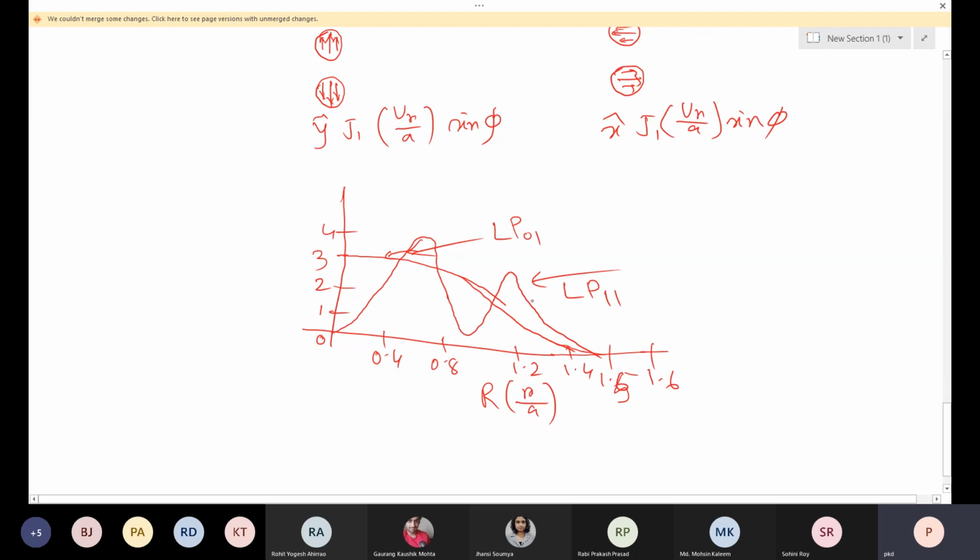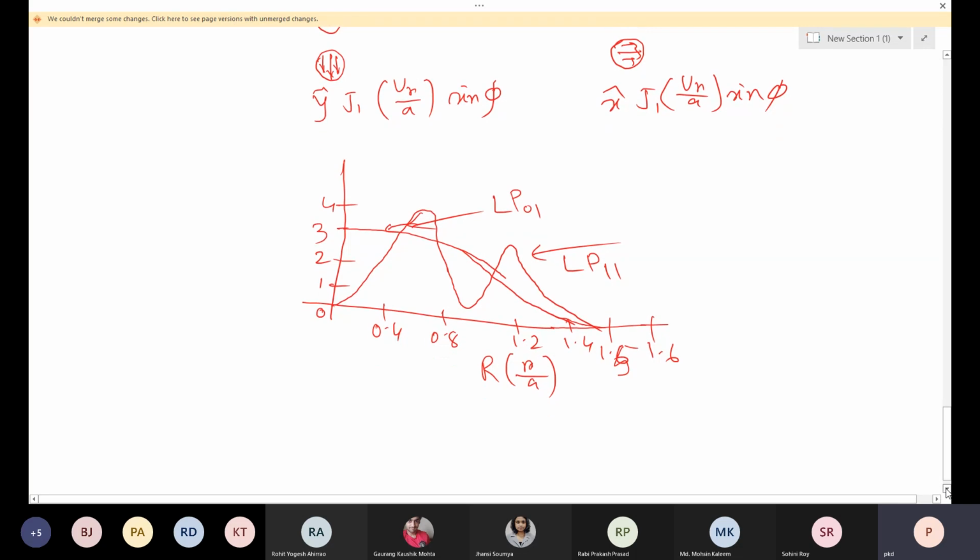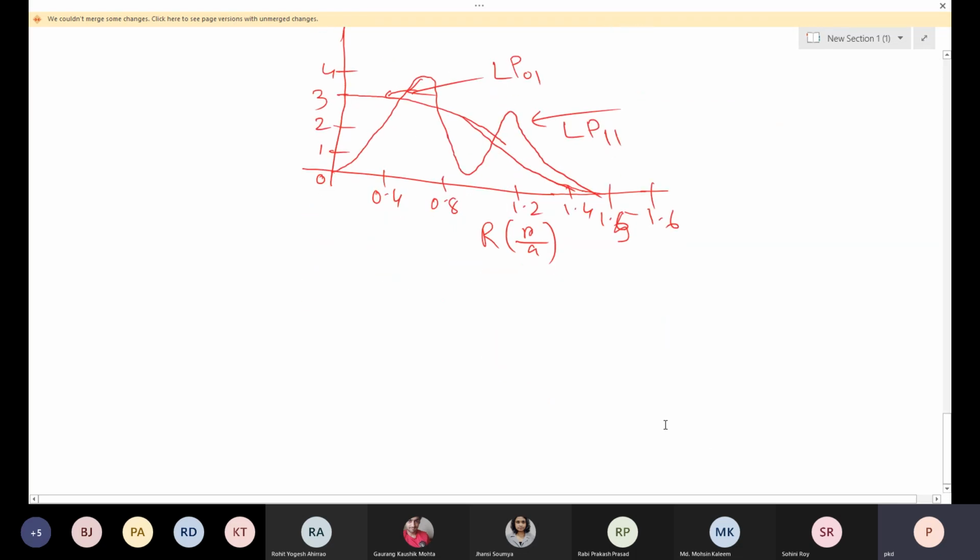Now in multimode fiber, such peaks can be of the order of 50, 100, etc. I have shown just 2 here, but it can be as high as 50, 100 or more than that.